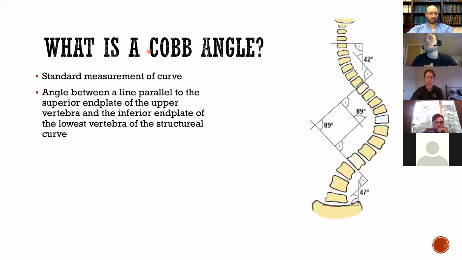You can imagine people will look at their point: is this the end plate, or is this the end plate? And they might angle a little bit. Some unscrupulous surgeons will tilt it to make it more of an angle. Some more scrupulous surgeons will try to avoid surgery at all costs. But different people will get different numbers, but usually that's about 5 degrees difference.